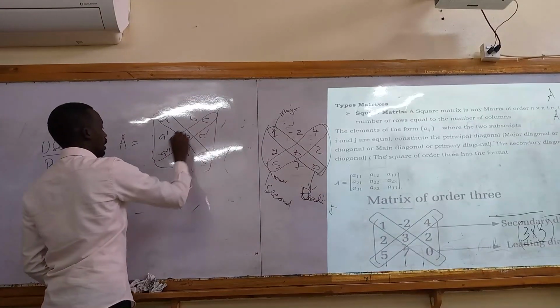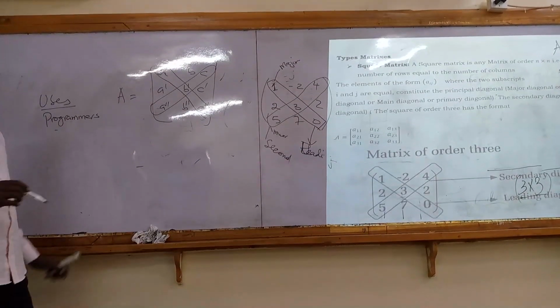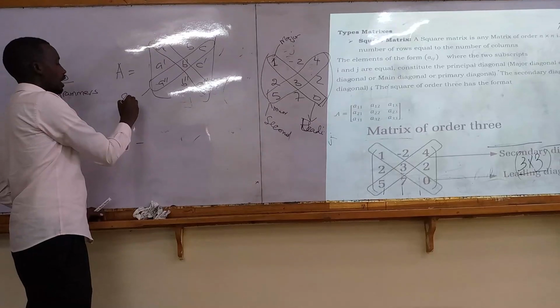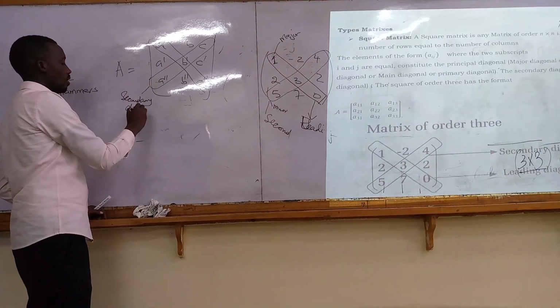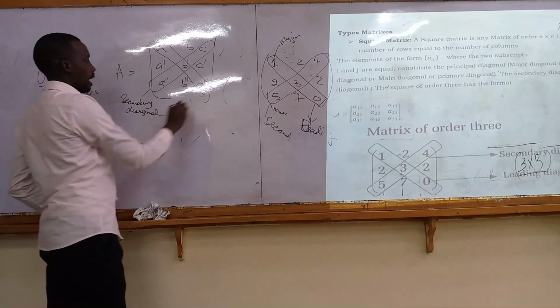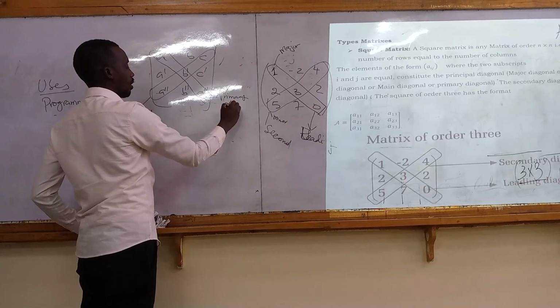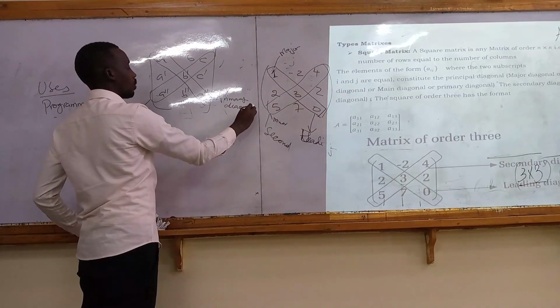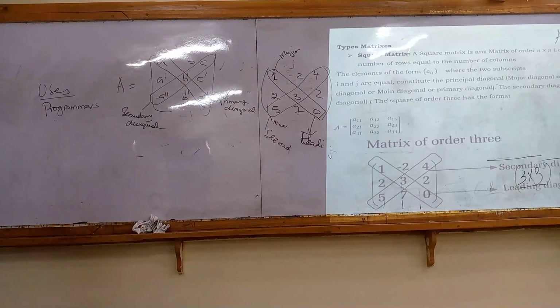These elements here are called the minor diagonal. This one is called the secondary diagonal, and this one is called the primary diagonal, the one we call the leading diagonal of the matrix.